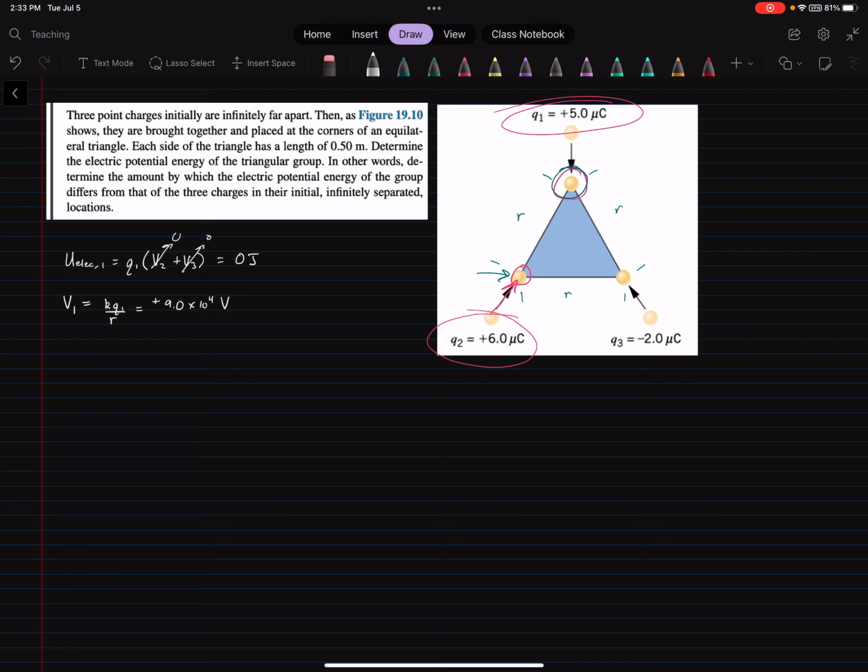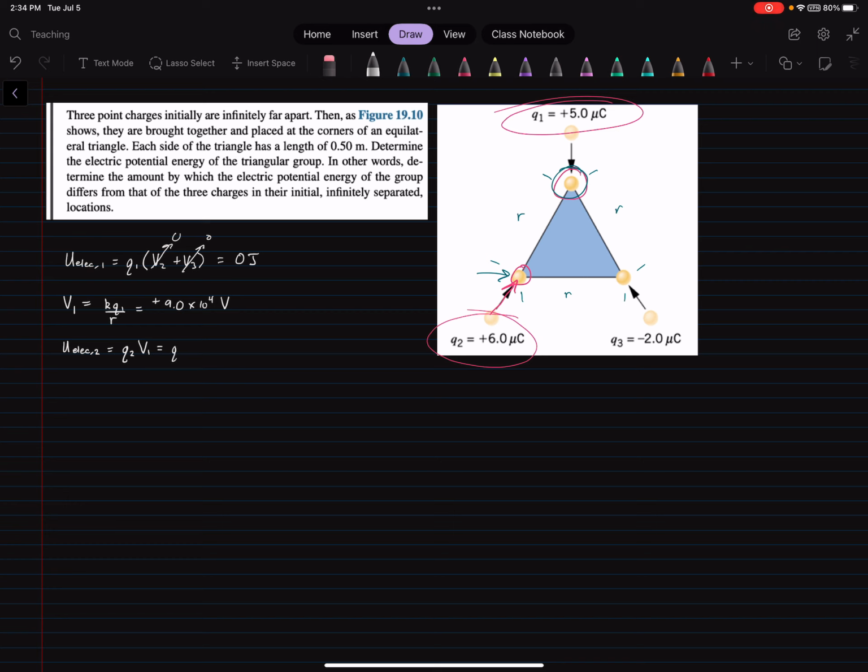So therefore, when this charge Q2 is then placed at that second corner of the triangle, the electric potential energy, so charge Q2, the electric potential energy 2 is equal to charge Q2 times the potential at that spot from charge 1, right?